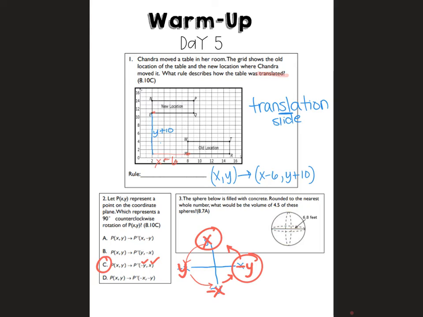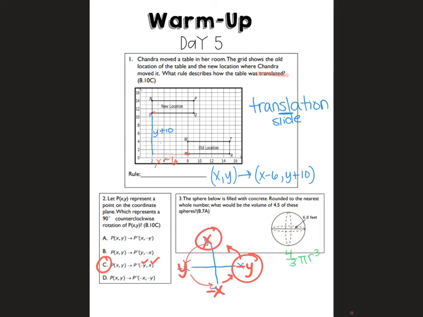Okay, and finally, we are going to be doing the volume of a sphere. And if you remember, you can look it up online too, my formula is 4/3 pi r cubed. And that line is going all the way across, so that's definitely my diameter.